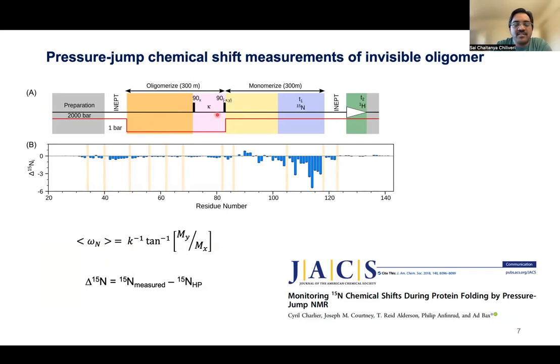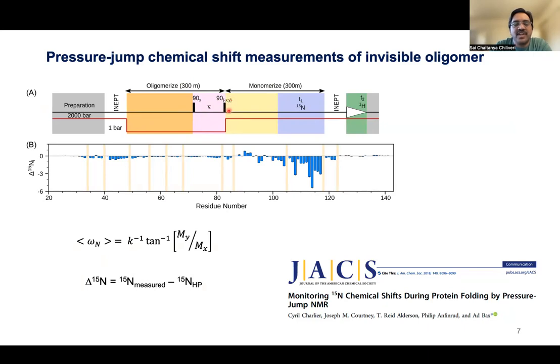This two-dimensional experiment is conducted in a pseudo 3D fashion, where one half of the FIDs are collected with a 90 minus X phase, and the other half of the FIDs are collected with a 90 Y phase.